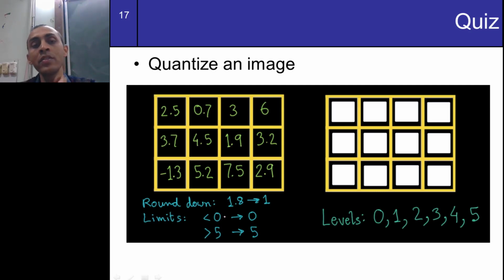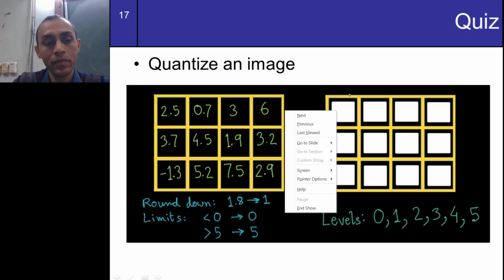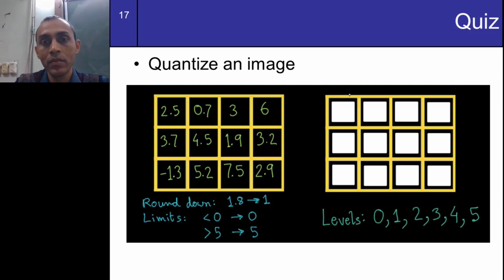Every value less than 0 will be put to 0, and every value greater than 5 will be put to 5. And we have 6 levels. So what will be the values here? Quantization. What will be here?